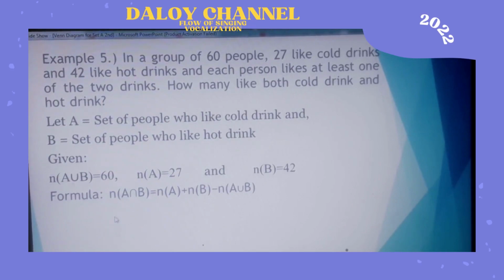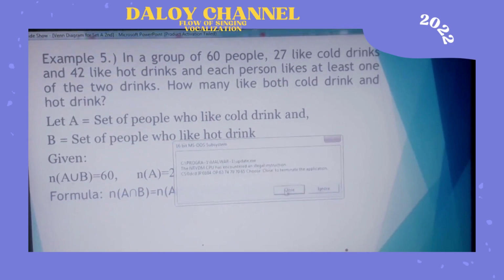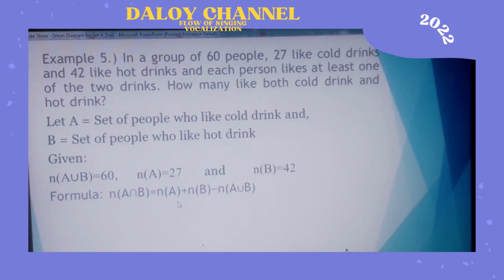Now, we are required to find the cardinality of A intersection B. By the way, why the cardinality of the intersection? Meaning we are considering the idea of finding how many students like both cold and hot drink. So we are pertaining to the intersection between the two sets.